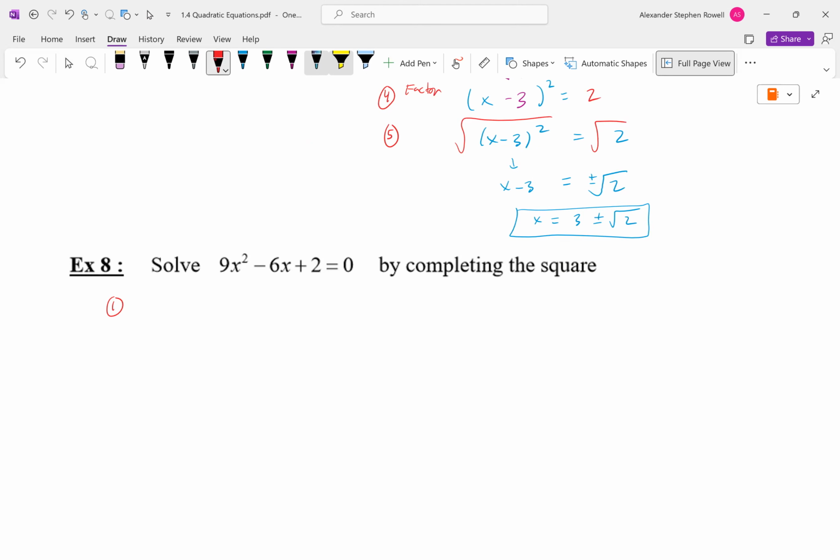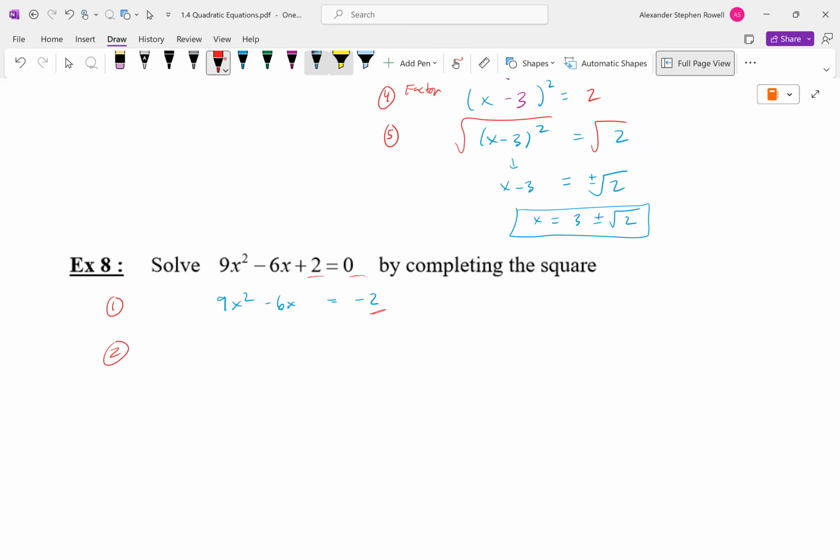Which would you prefer? Okay. I kind of prefer dividing by 9 first, but that's not how the steps are written. So I'm just going to do how the steps are written. Okay, so that's step 1, move the constant over.